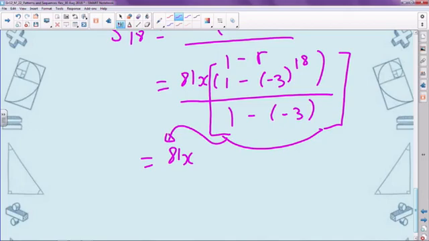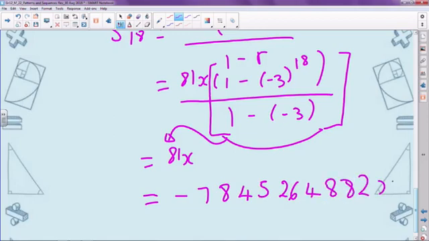You can do all of that on your calculator, and you're going to get this massive answer, minus 78452648882x. Okay, so that is quite a big sum that you end up with, and all you're going to do is work all of the numerical values out in your calculator, multiply by x, and that's it.